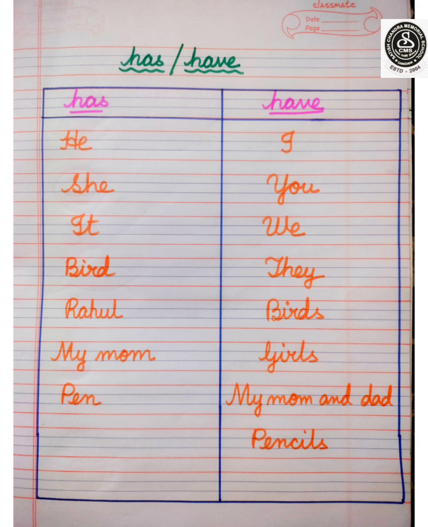Dear students, have a look. Here I made a chart on has and have. As we have already learned earlier, where to use has and where to use have. Today again we are going to learn the same thing. So, we use has when we talk about only one person or one thing or one animal, means when we talk about singular noun, right?